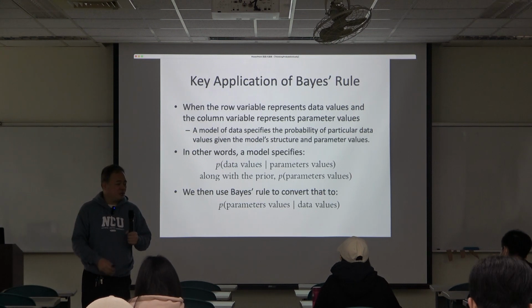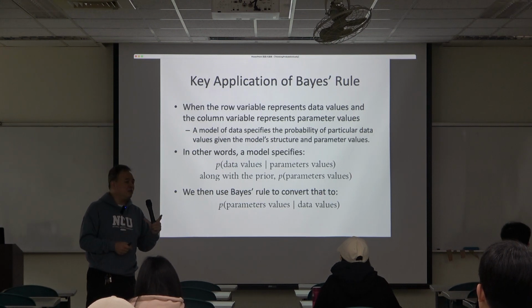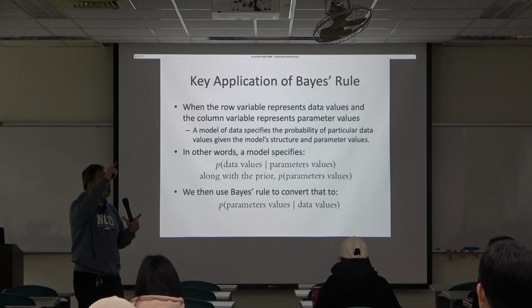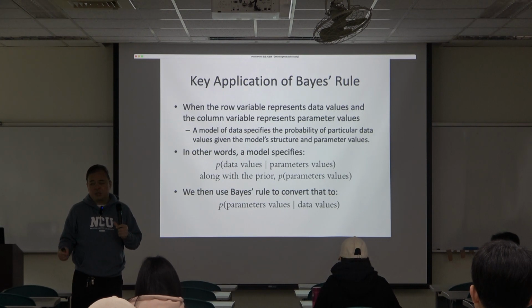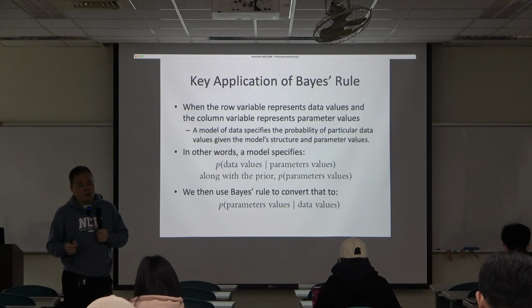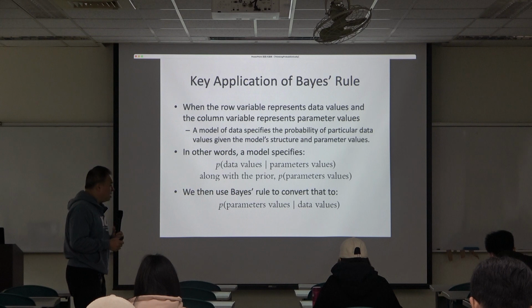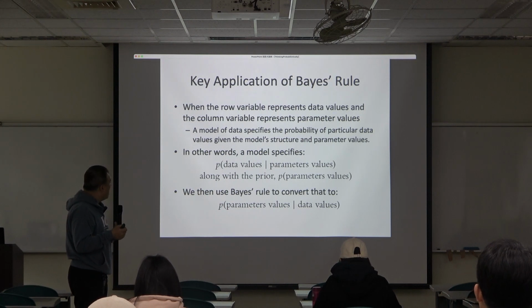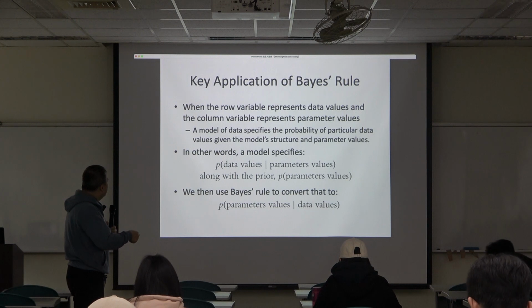I gave an example of the Gaussian distribution, where the variables that control it are the mean and the standard deviation. There are many mathematical models that have parameters.